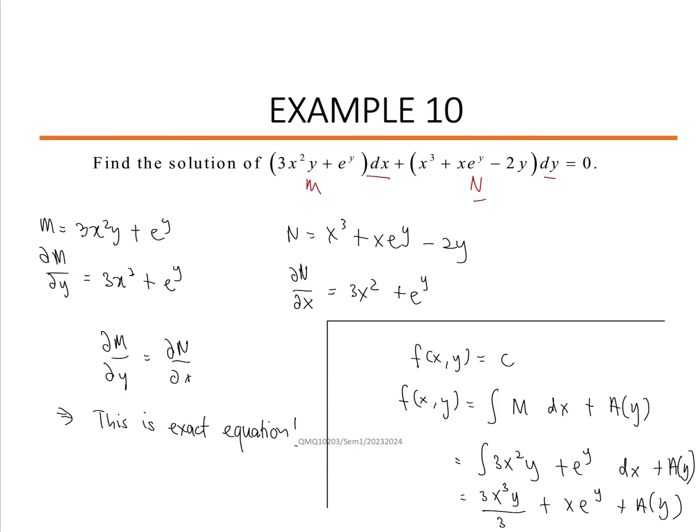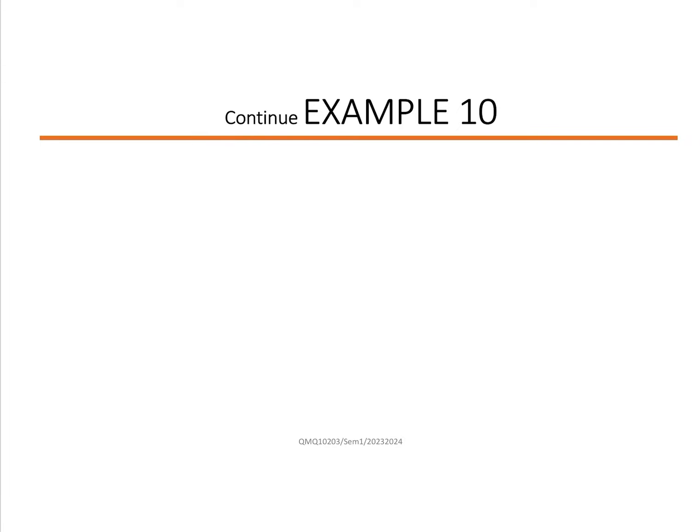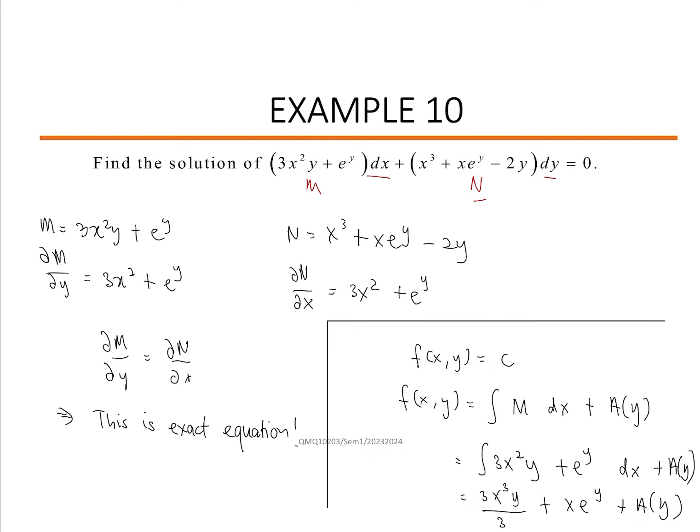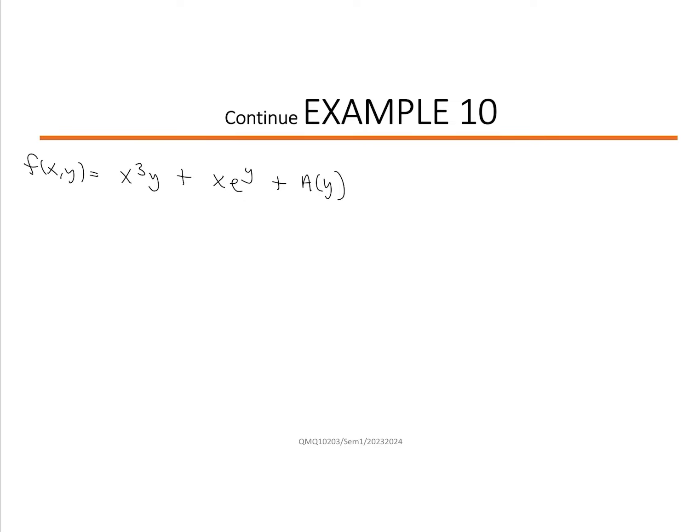So the answer will be f(x,y) equal to x cubed y plus x e to the y plus A(y). Let's check again: x cubed y plus x e to the y plus A(y). And then find the derivative of f with respect to y.